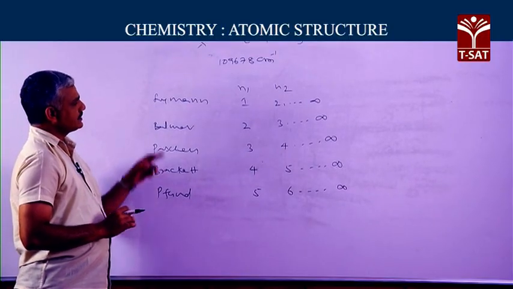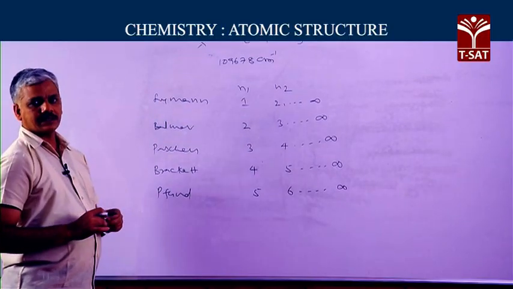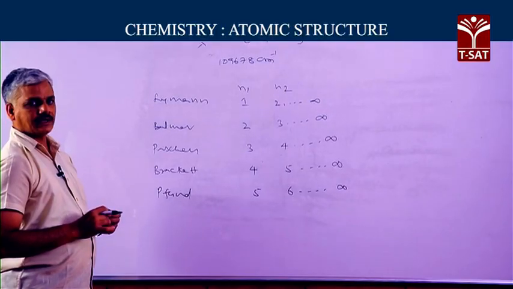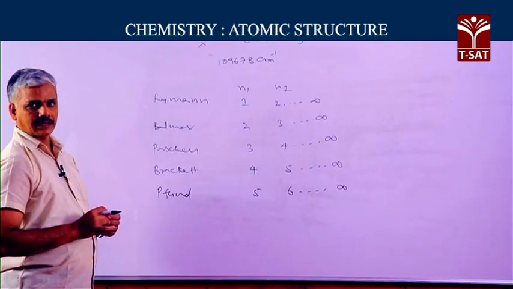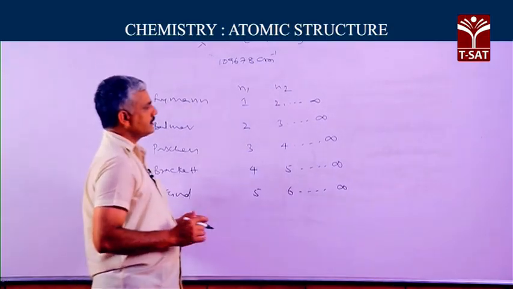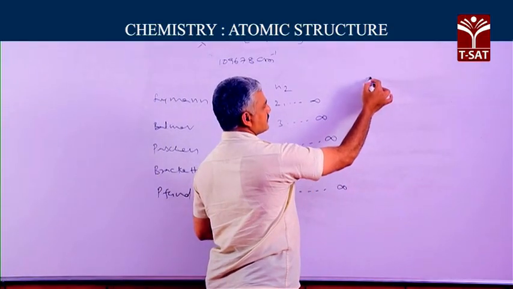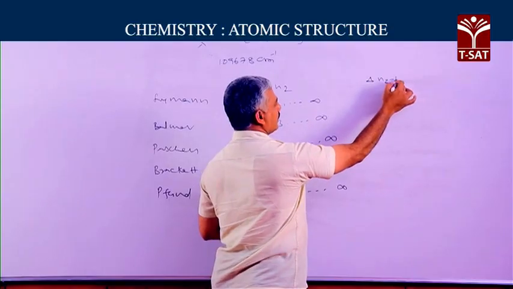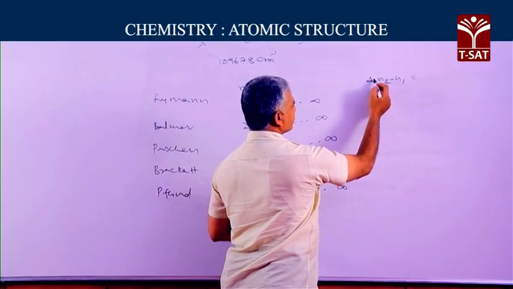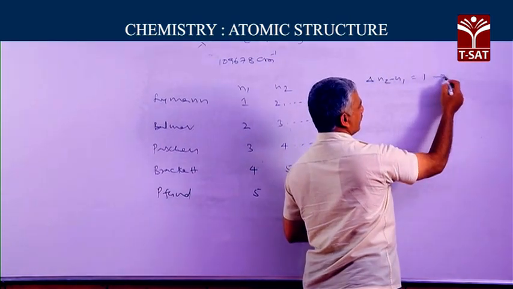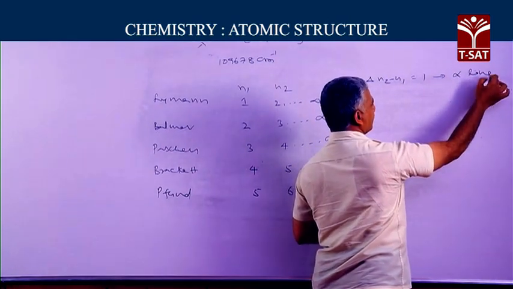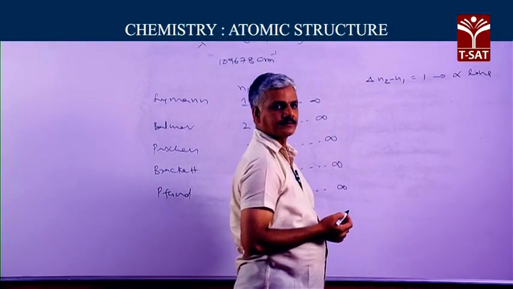And in each series, the spectral lines are given specific names, what we call designation of spectral lines. In any series, if the difference in n1 and n2 values is equal to 1, that line is called the alpha line or first line.